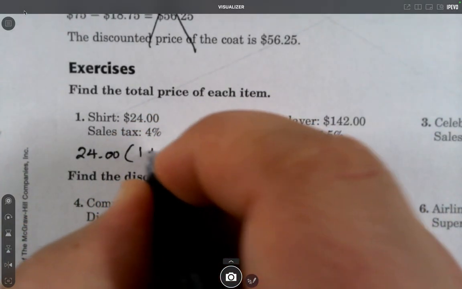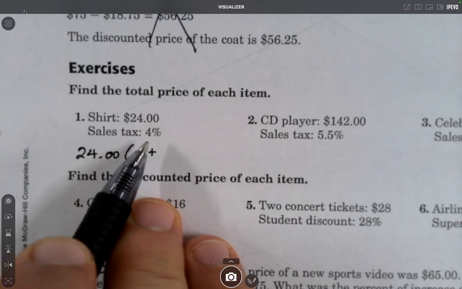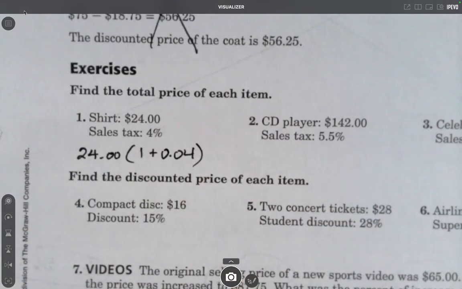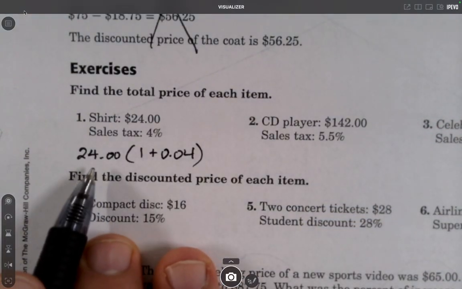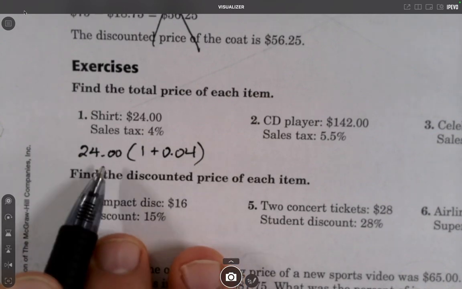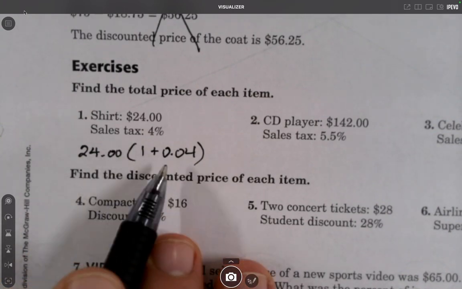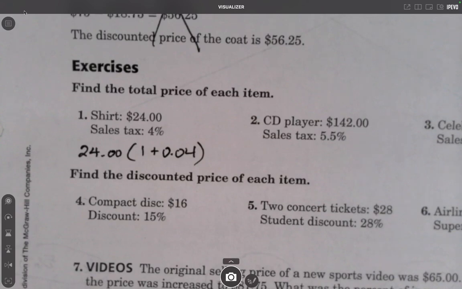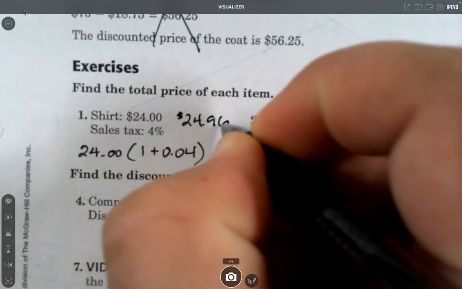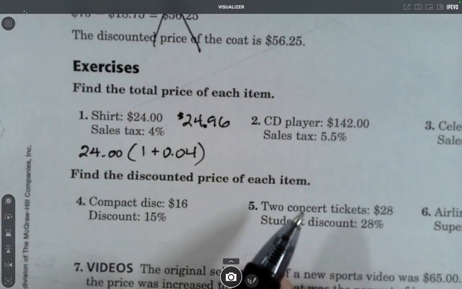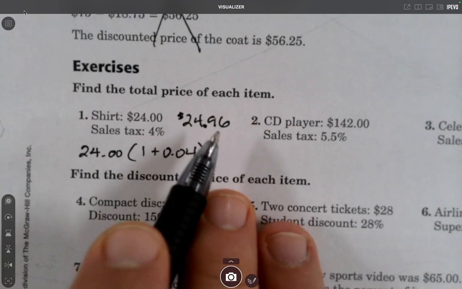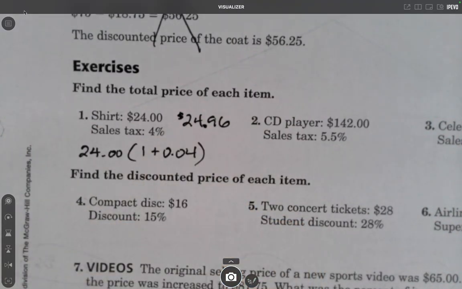And then 1 plus, but we don't put 4%. We have to change this back to a decimal. So we say 0.04. So in your calculator, you can type in 24, times, then a parenthesis, 1 plus 0.04, and it gives you the answer immediately. It's 24.96. So that tells you the sales tax adds 96 cents to the original price.